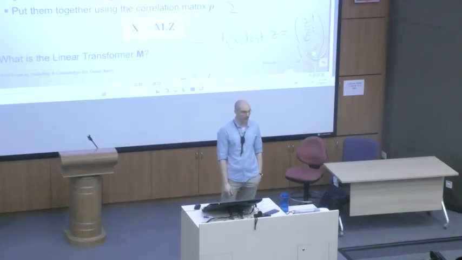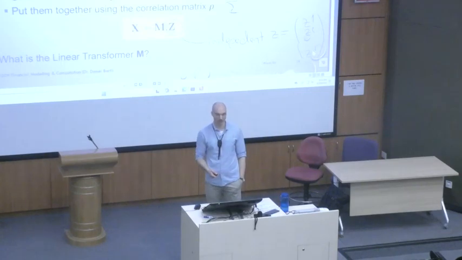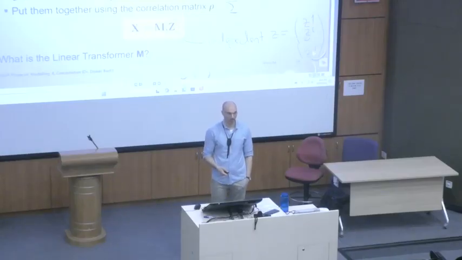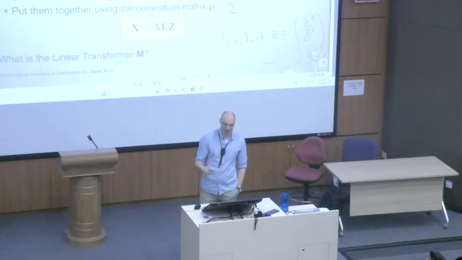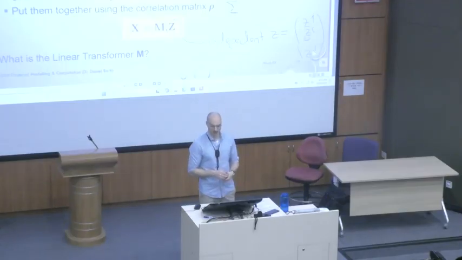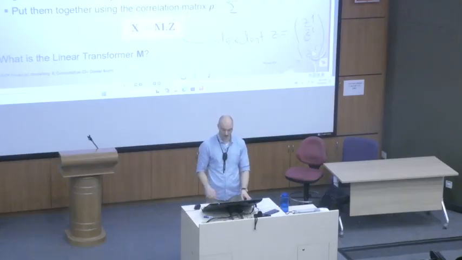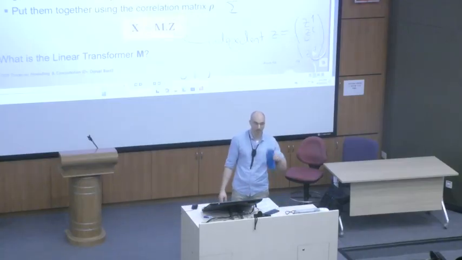You have a vector of independent Gaussians, and you apply a linear transformation to it. Intuitively, you can model correlation this way. We'll come to that in a sec, at the end of today's lecture, so let's keep it like this now. So what is the linear transformation that you pick?